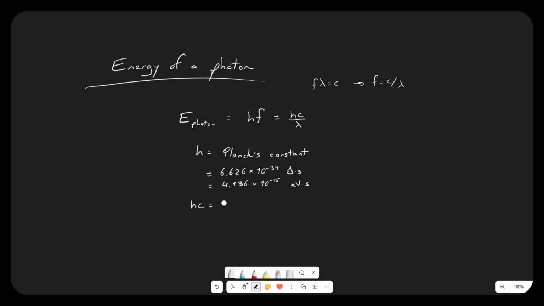H times c in the right units is equal to 1240 electron volt nanometers. So if we've got the energy of a photon in electron volts, we can find our wavelength in nanometers quickly and back and forth. Either way, this is the energy of the photon. The next video will be working through some examples.